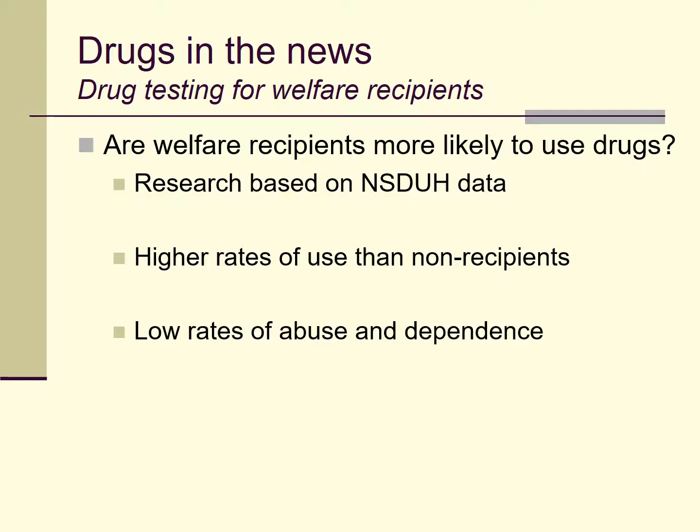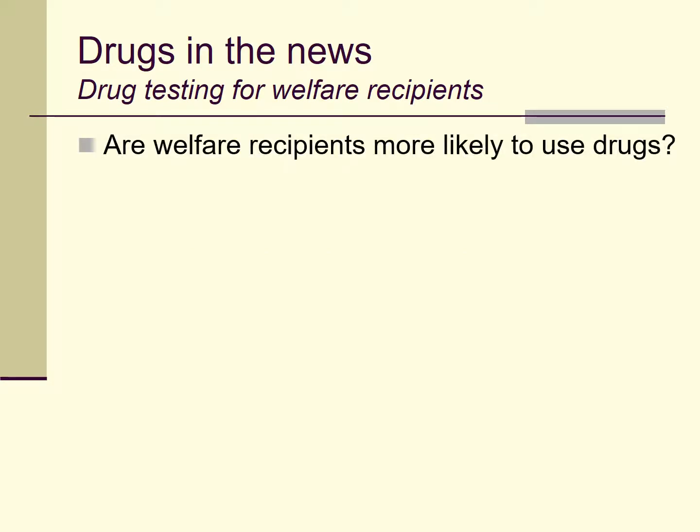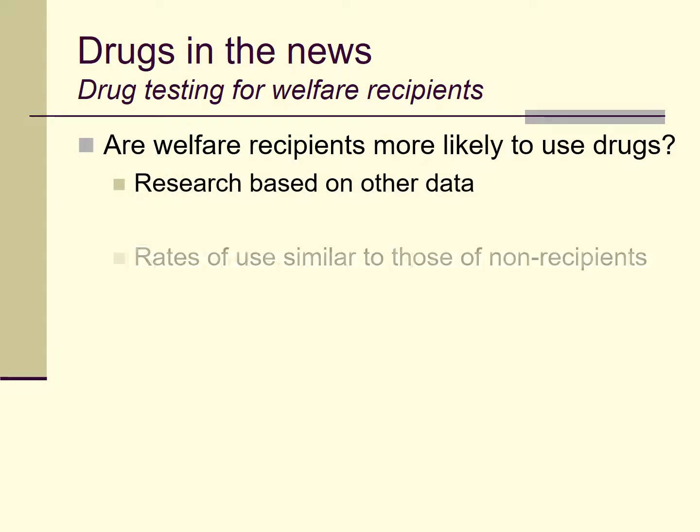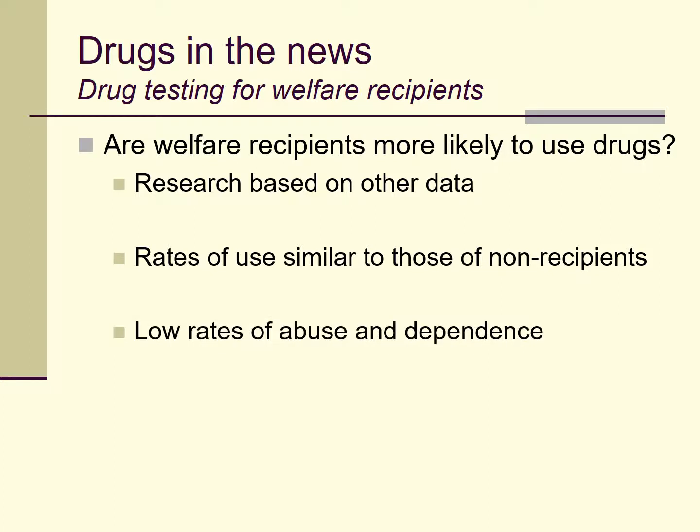So it doesn't seem to be the case, at least in the National Survey of Drug Use and Health, that there are large numbers of people on welfare programs who are abusing or dependent on drugs. And indeed, other researchers who have used other data sources have found similar rates of drug use among people who are welfare recipients and people who are non-welfare recipients, and again have found relatively low rates of abuse or dependence among folks on welfare programs.